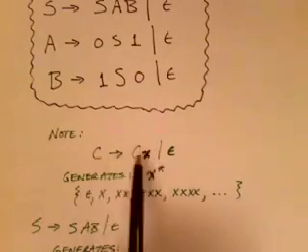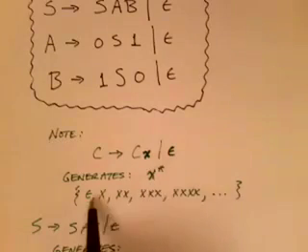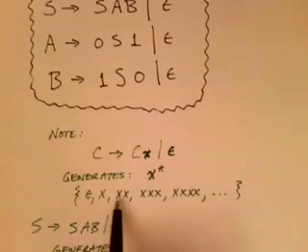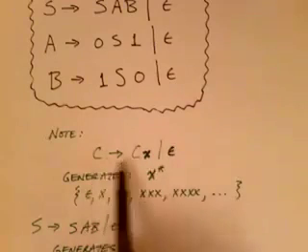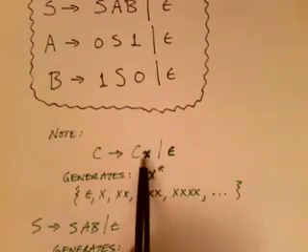This pair of rules generates a string of 0 or more X's. Okay, epsilon, or we can use the rule once and then let the C go to epsilon, and that gives us 1 X or 2 X's or 3 X's and so on. So when we see this pattern, either with left recursion or right recursion, we know we've got a string of 0 or more X's.